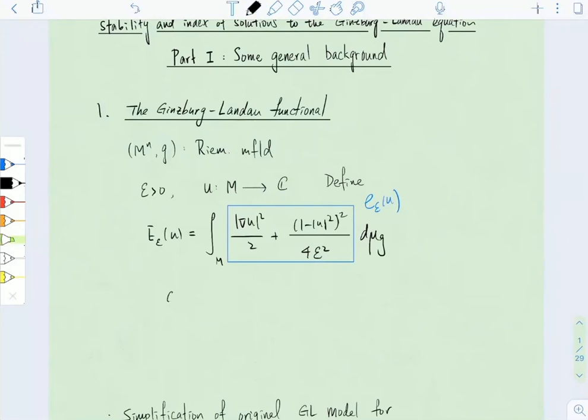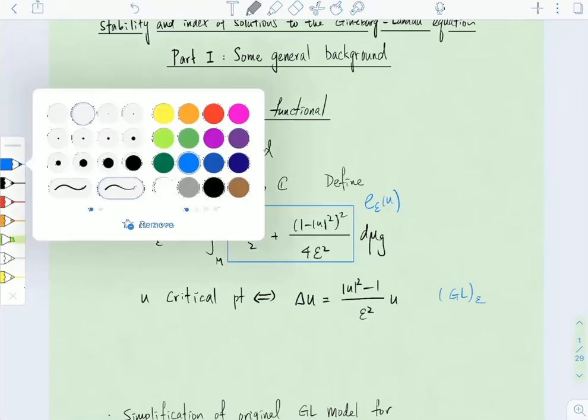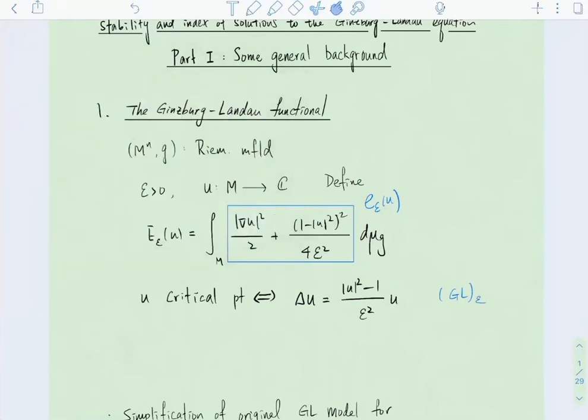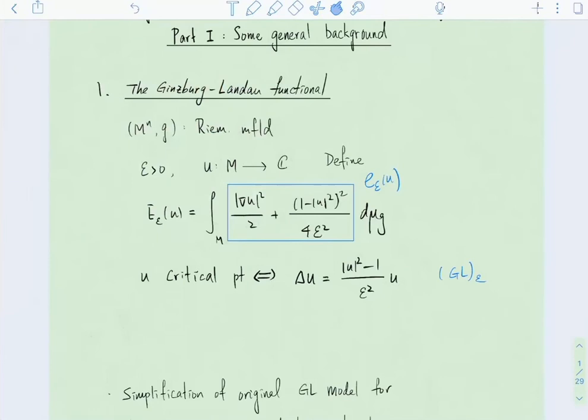Critical points are where the derivative of the functional vanishes, and that happens precisely when u is a weak solution to what I'll call the Ginzburg-Landau equation, and I'll label it GL sub epsilon. By standard elliptic theory, bounded weak solutions in W^{1,2} are smooth. So below, when I say solution, I would always mean a smooth solution.